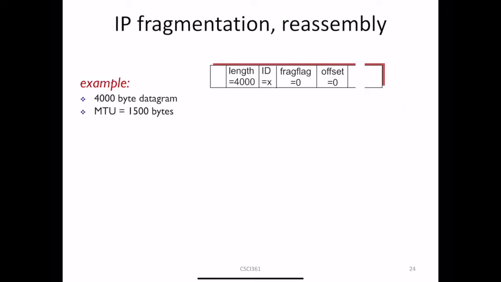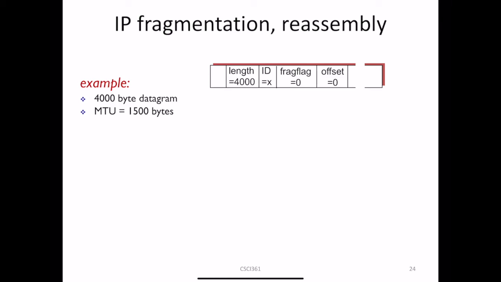Then let's see an example of IP fragmentation and reassembly. Suppose there is a larger datagram with a size of 4,000 bytes. However, the next link can only support a frame size of 1500 bytes.